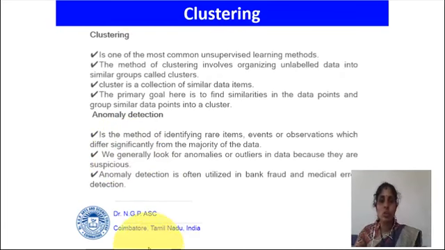It is one of the most common unsupervised learning methods. The method of clustering involves organizing unlabeled data into similar groups called clusters. A cluster is a collection of similar data items. For example, in data warehousing, a large amount of data has been dumped in the warehouse. From that warehouse, I am going to take the necessary data which is related to the education field.